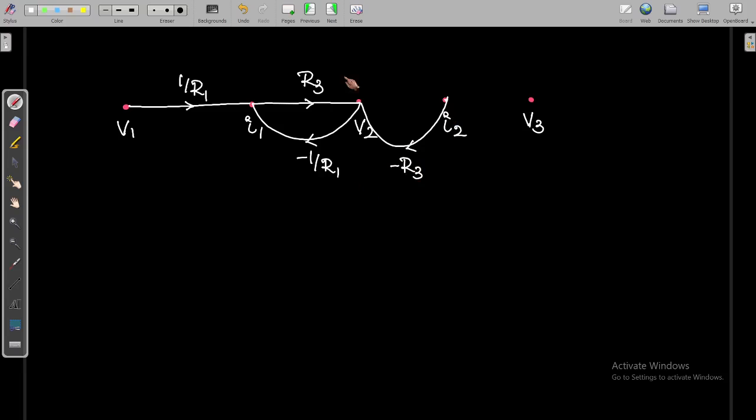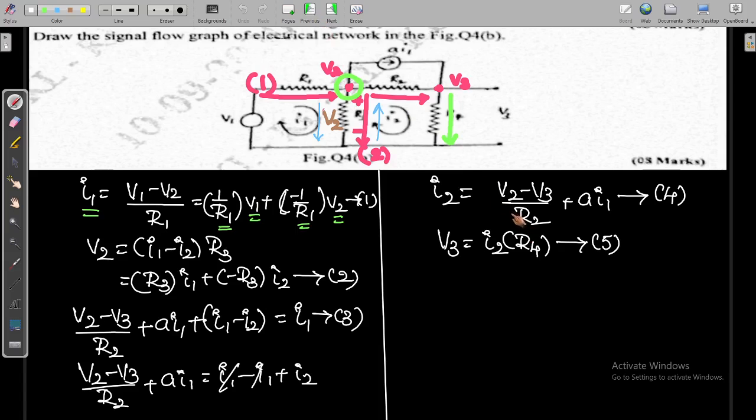After that, next equation for I2 you are having. If you want separate, I will separate here. I2 we can separate as 1 by R2 into V2 plus minus 1 by R2 into V3 plus A into I1. So like this you can separate and write that.